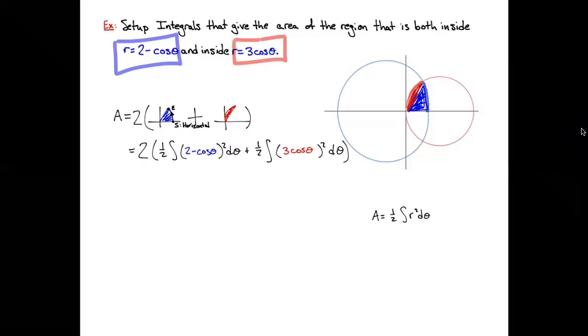That could be 0, pi, 2 pi, 3 pi, and it ends at the intersection. And the red curve, again, we go counterclockwise. And so this red curve starts at the intersection and ends at the origin.